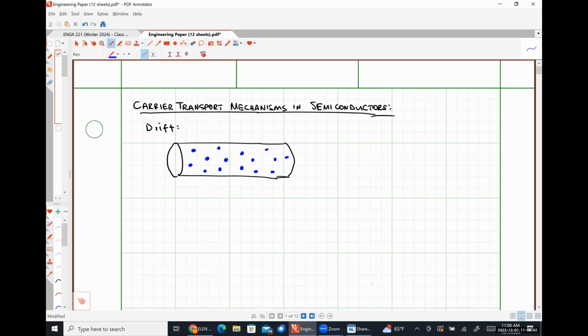So I'm going to try to just draw random directions for these such that there really isn't any discernible net direction that our charge is traveling here.